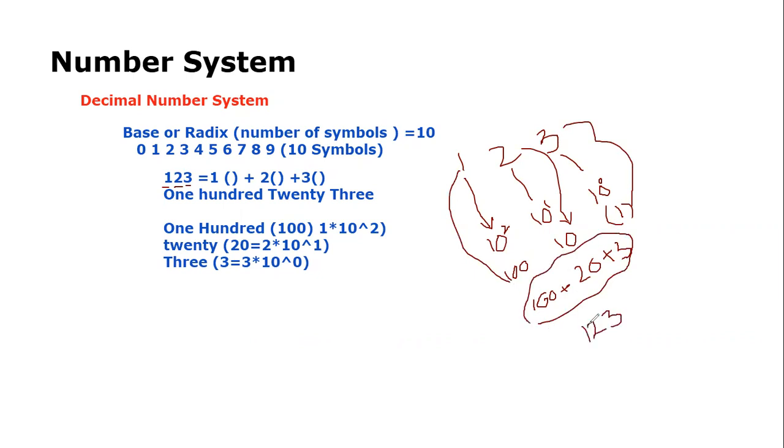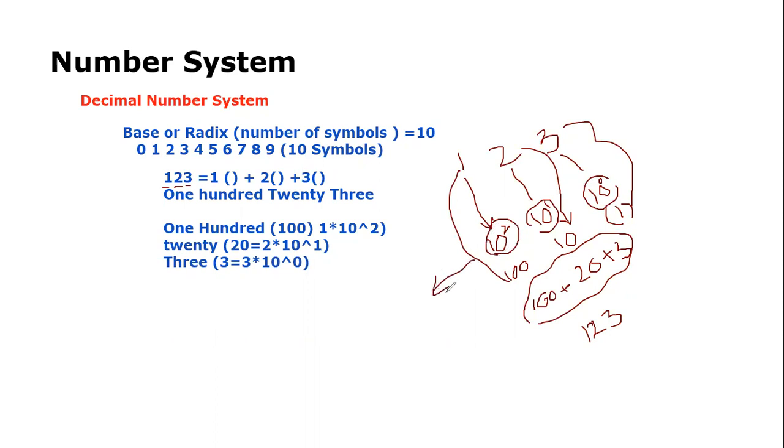Every time you go from the right side to the left, the worth increases in terms of power of the base. Since it is a decimal number system, the base is 10. The first place is 10 raised to 0, the next is 10 raised to 1, and the third is 10 raised to 2.